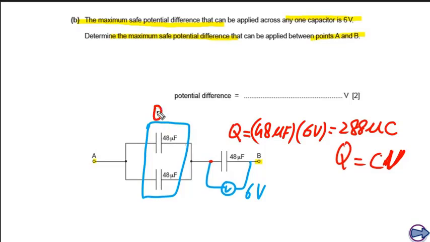So the charge on this capacitor will be Q by 2, and the charge on this capacitor also will be Q by 2. It means the charge on this one will be 144 microcoulombs if we divide by 2, and the charge on this one also will be 144 microcoulombs.